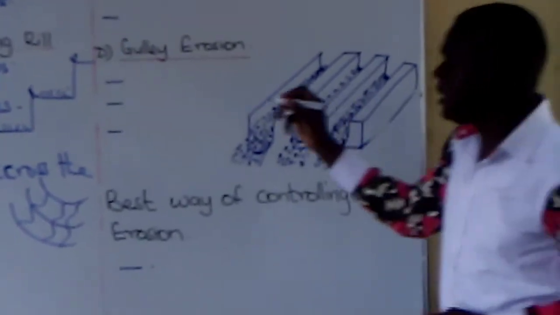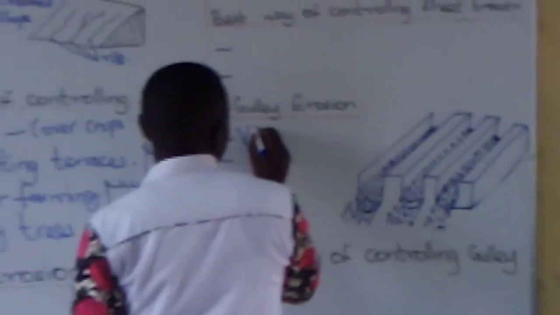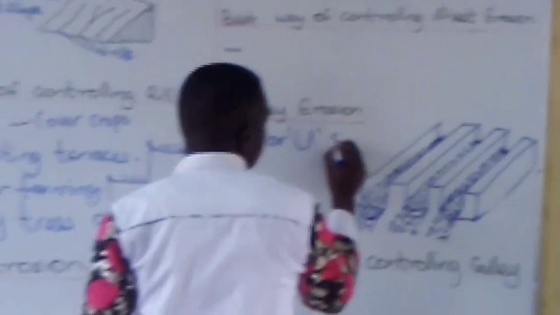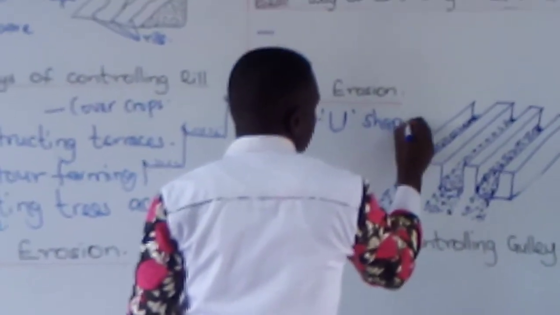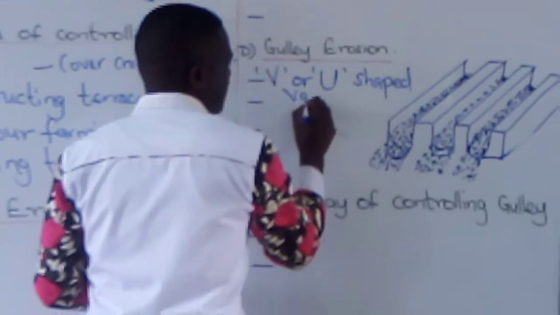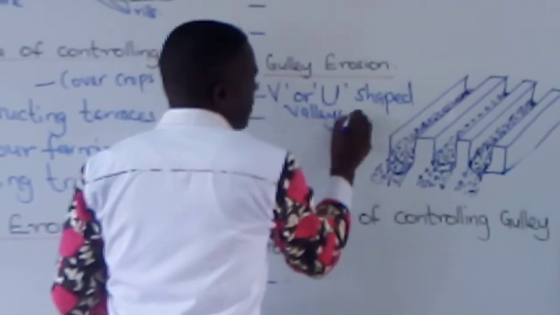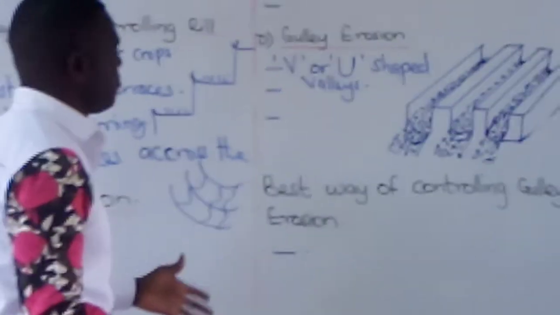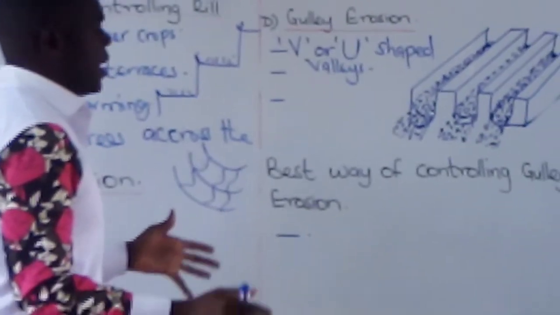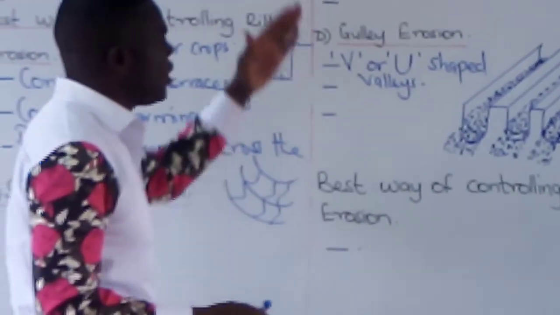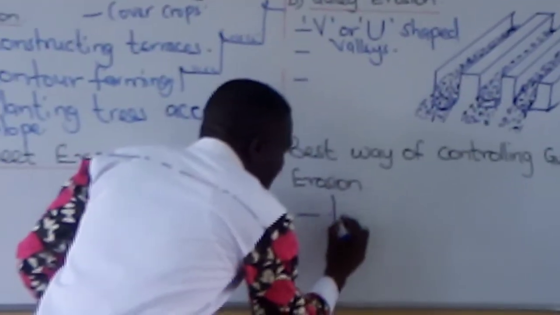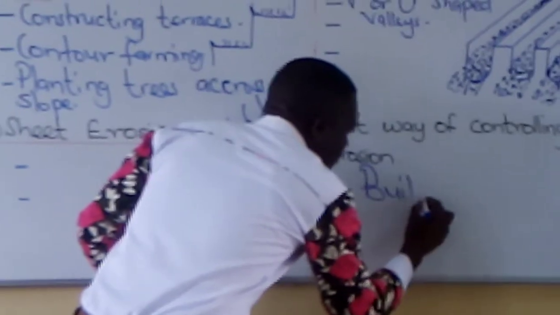Gully erosion is demonstrated here. They are V or U-shaped valleys. They are deep. And the only method of controlling gully erosion is by building gabions.